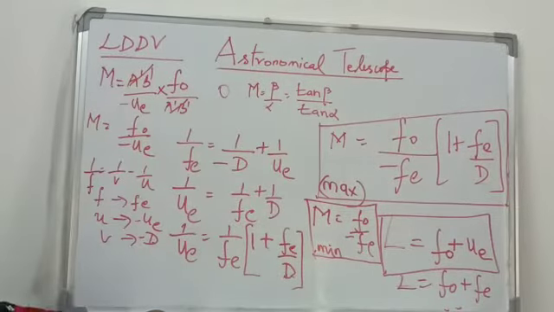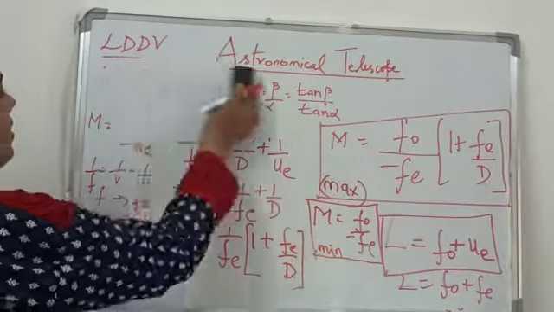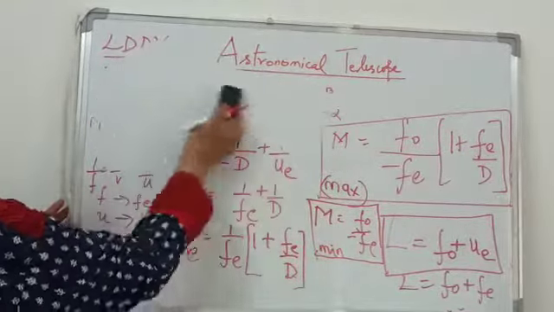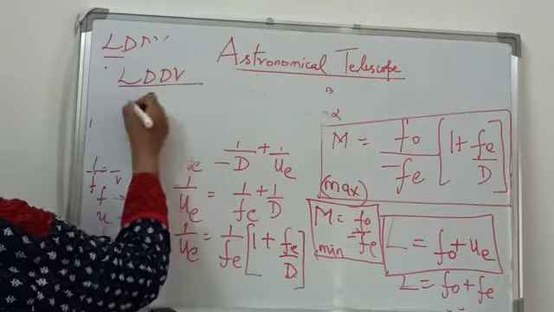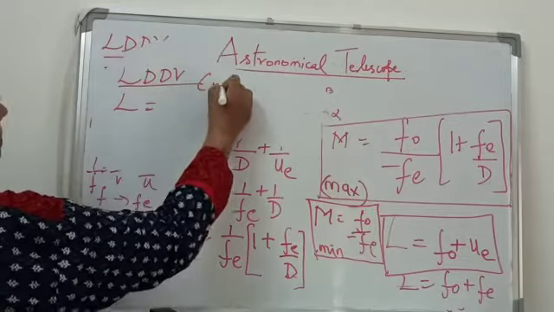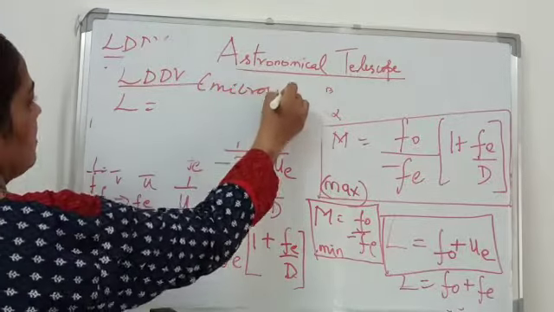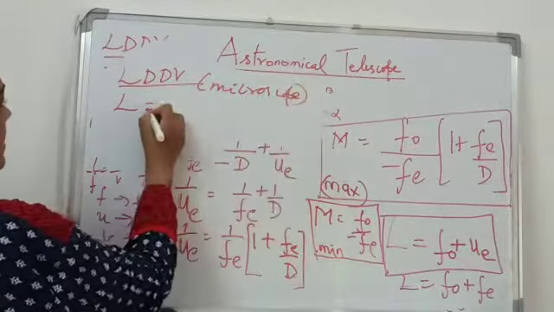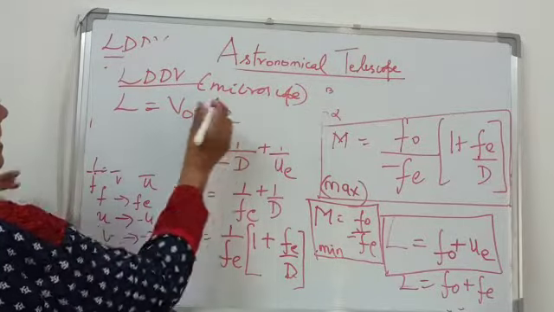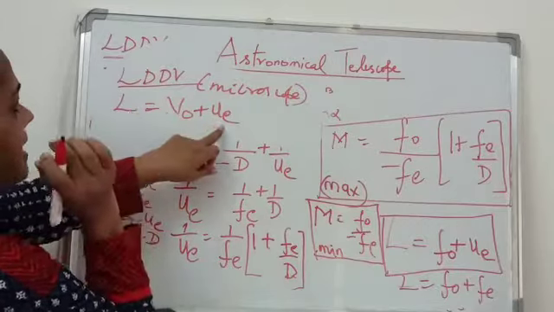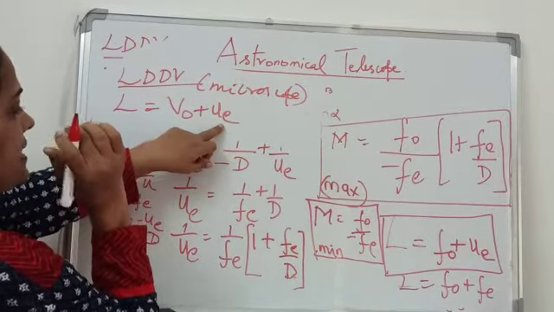Similarly, in the case of a microscope, whether it is LDDB or infinity, the length of the tube is always image distance plus the object distance. This is the image distance of the first lens. This is the object distance for the second lens.